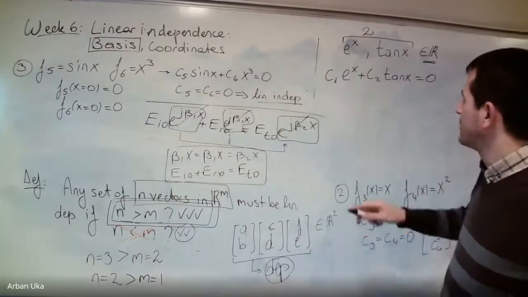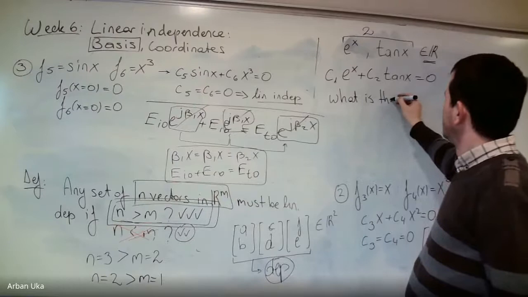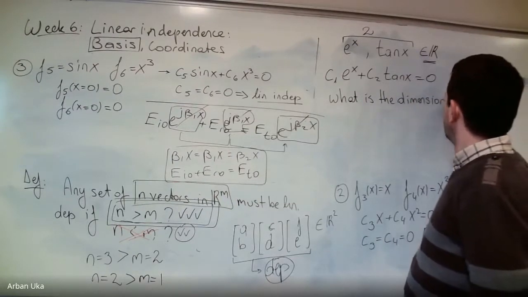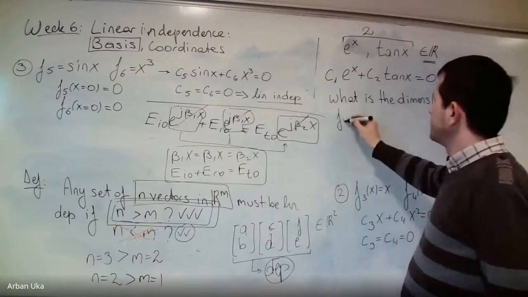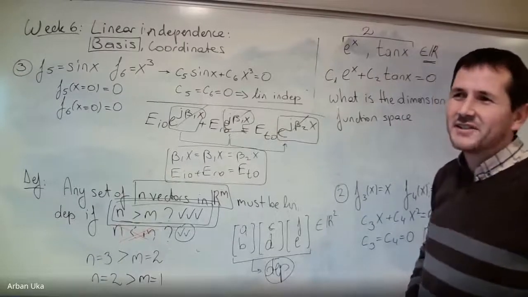So think about this one. Functions are not constants, not always. Okay, let me ask you this: what is the dimension of function space? Size of R? No, that's too much. That's infinity.